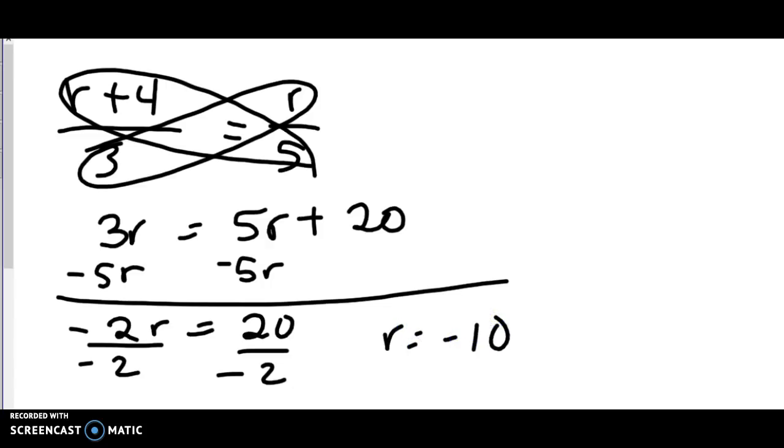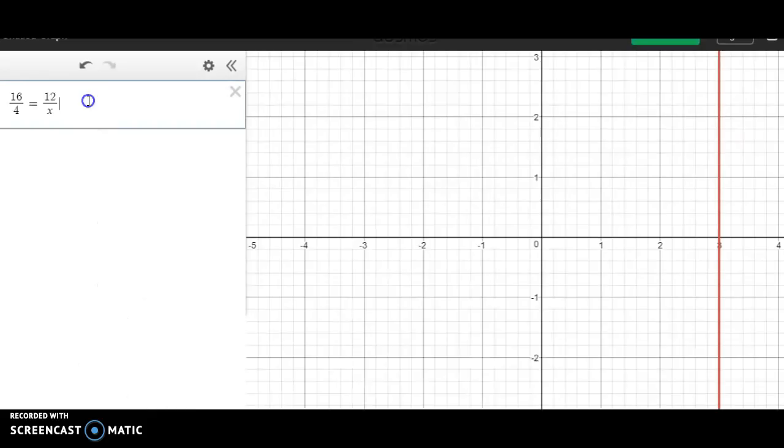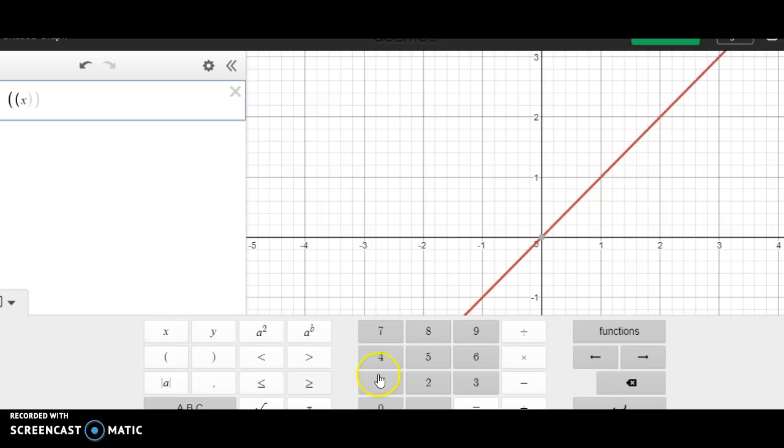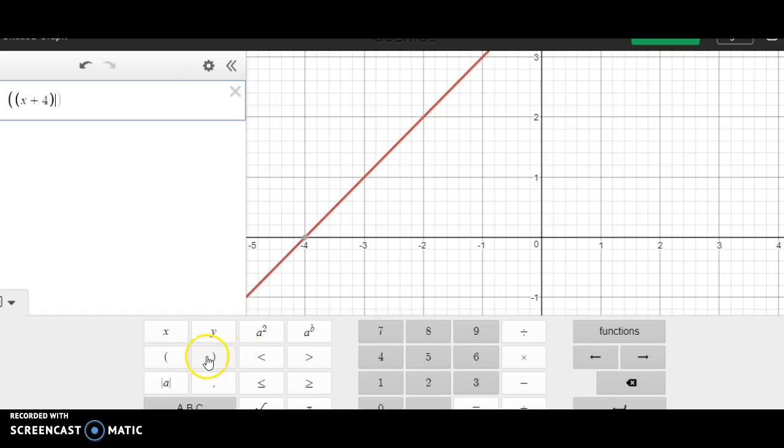Okay, so don't forget, you're going to put in x every time the variable is different. So let me clear this and put it in here. So we're going to say x, and since we have two terms in the numerator, you're going to put it in parentheses just like we did before. So we're going to say x plus 4, close the parentheses. Let's delete this other one.